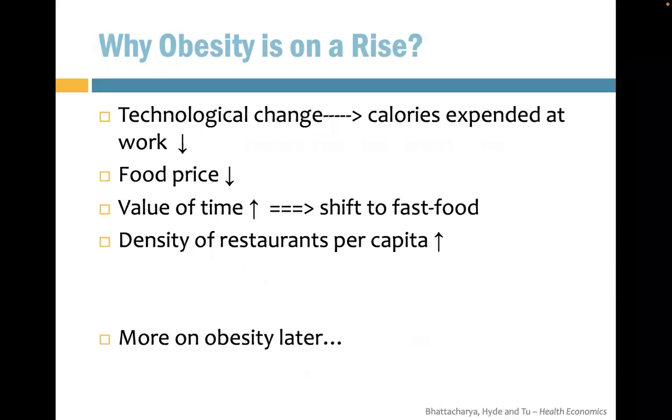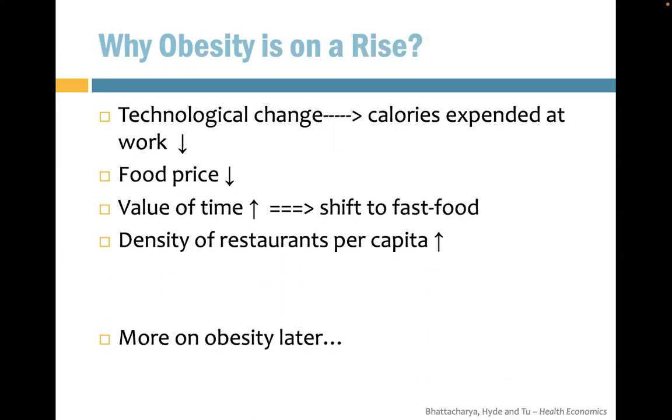So why is obesity on the rise? There are many reasons. The first one is technological change. Calories expended at work decrease. Think of people having less labor work, but more static work where you sit in the office, so you don't burn as many calories.